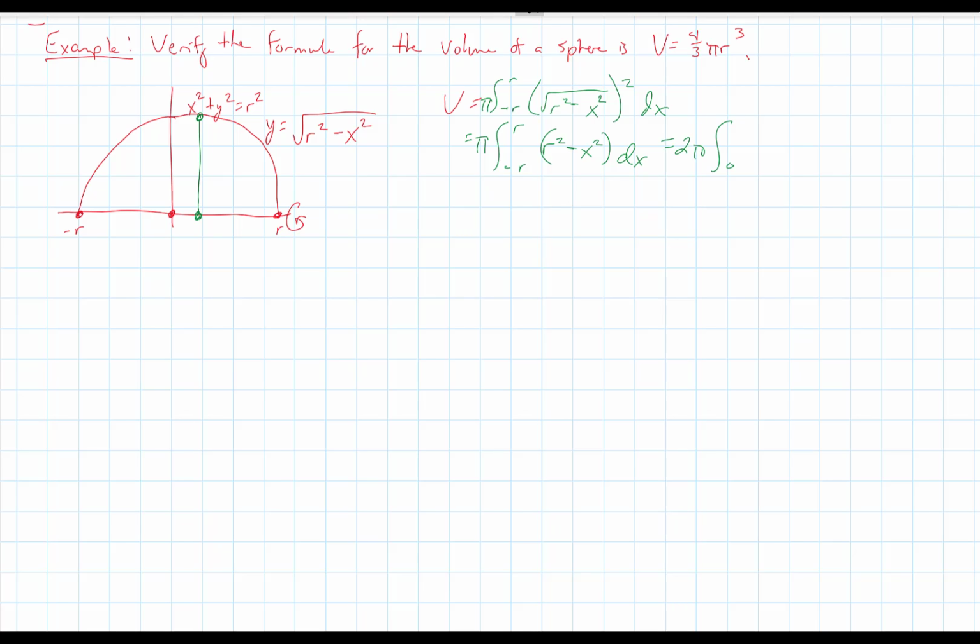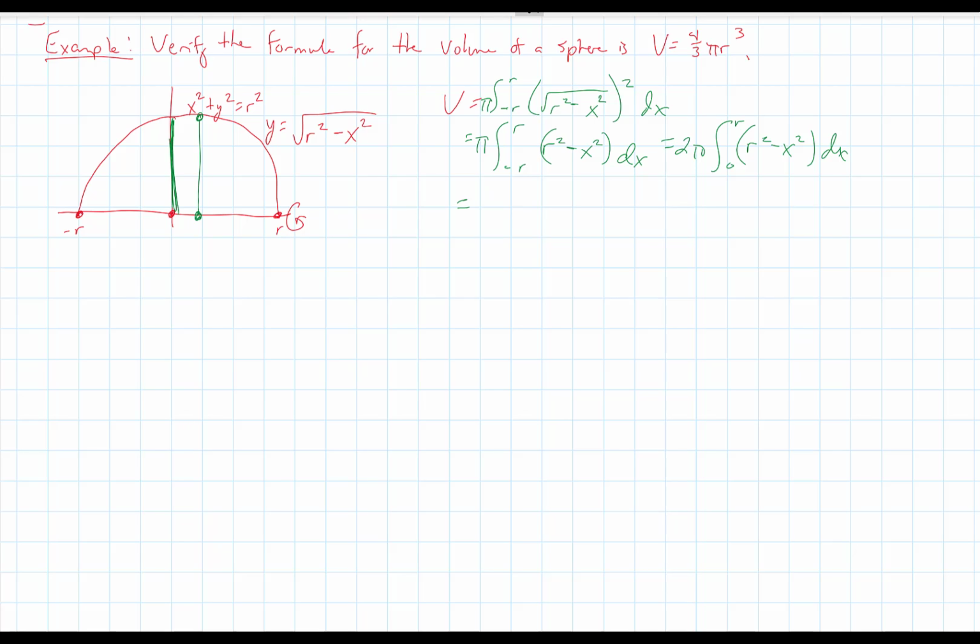And just say it's 2 times the volume for the region of everything from the origin over to the radius. I'll do it both ways just so you can see you'll get the same answer. But it really doesn't matter. It's just whether or not you would rather have to deal with r's and negative r's, or if you would have to deal with zeros and r's.